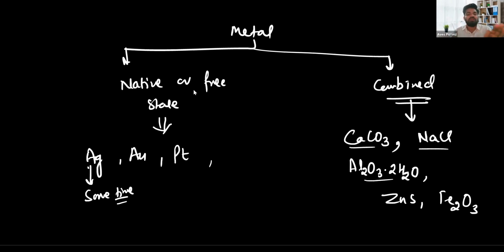No one will ask you to write the definition of combined state, native state or free state. You just need to know that some elements exist in the free state and some exist in the combined state. Have you taken the screenshot? Yes, sir. Should I move forward?